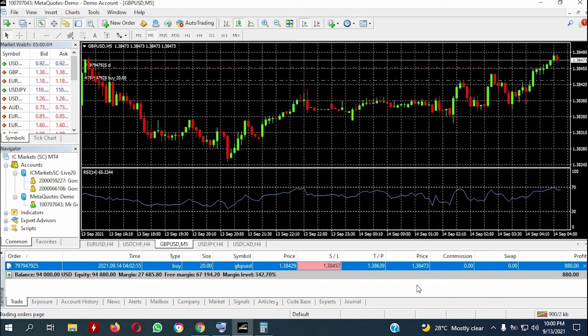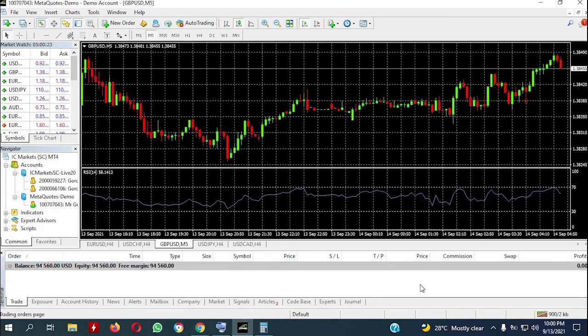But I'm just trailing my stop loss behind the last three candles to see if the market is going to push further up, because it's gaining a lot of resistance. So the market is pushing down, unable to break through the resistance, and we are stopped out in profit.